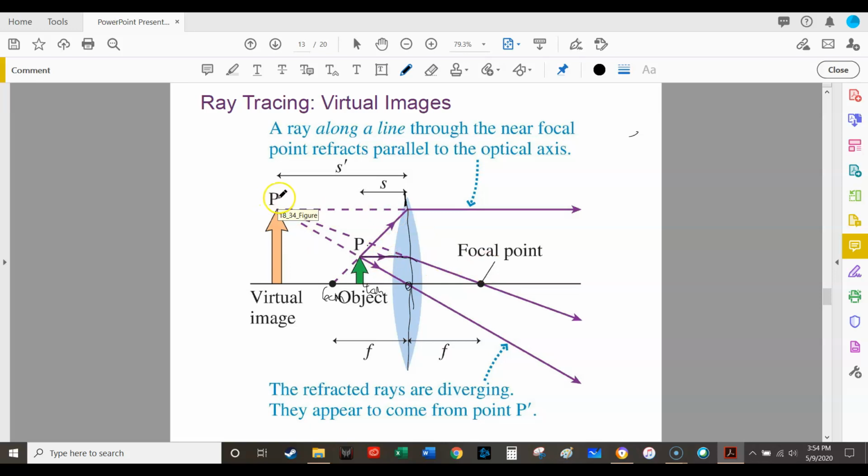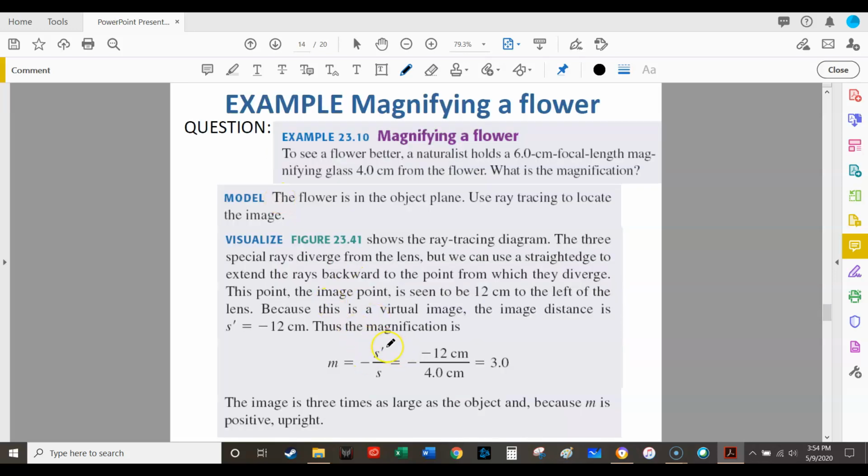So it's going to be a positive number. So S prime, the image distance, what we would do is work it out where you have 1 over the image distance plus 1 over the object distance is equal to 1 over the focal length, right? Well, we need to find out the image distance here.